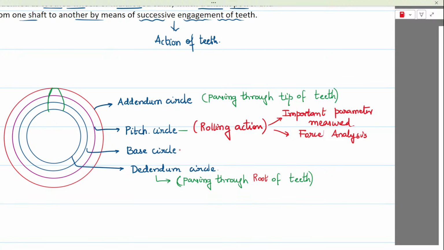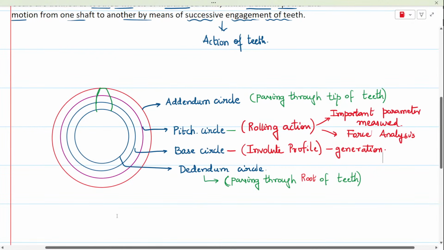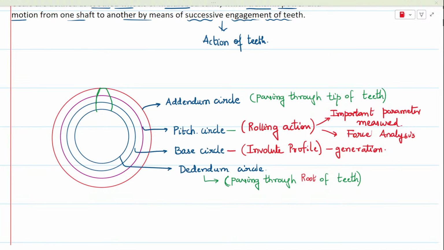The base circle refers to generation of the involute profile. This is a circle from which the involute profile is generated. So these are the specialities of the four circles which are there in the gear.